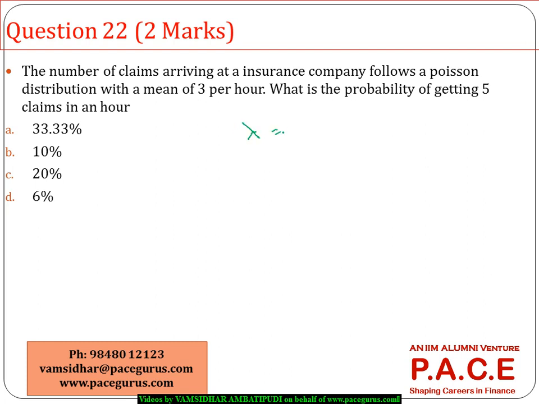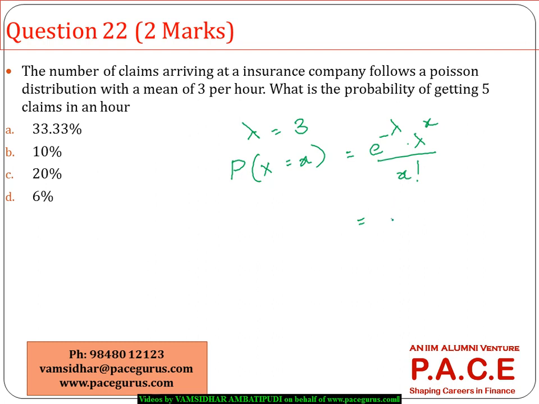We know that lambda is the mean for a Poisson distribution. So lambda equal to 3. And what is the probability of getting 5 claims in an hour? What is the probability of X equal to x in case of Poisson distribution? E power minus lambda, lambda power x by x factorial.